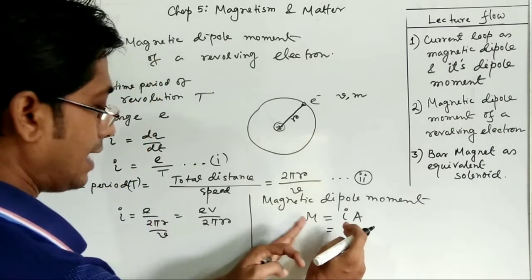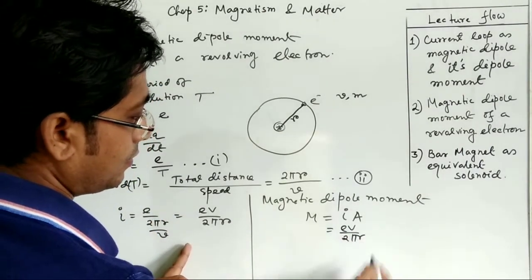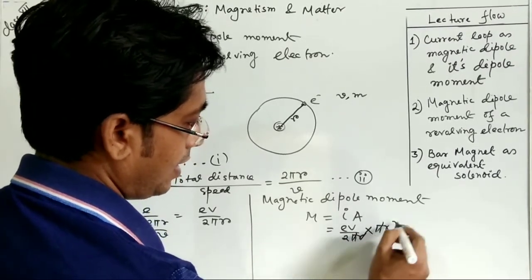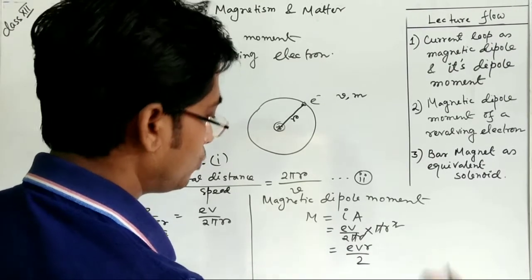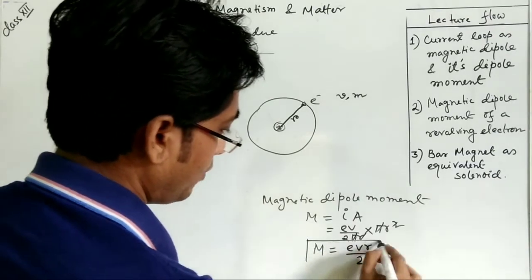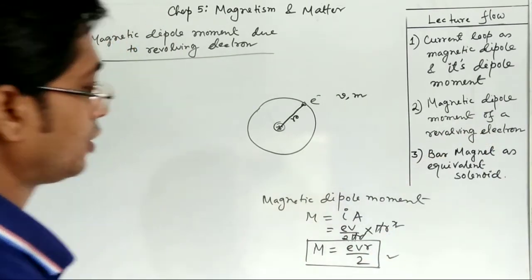Now I will be written as ev by 2 pi r. A will be pi r square, pi r r. So it will be evr by 2. From this equation, this is the final equation, M is equal to evr by 2. That is the magnetic dipole moment of a revolving electron.